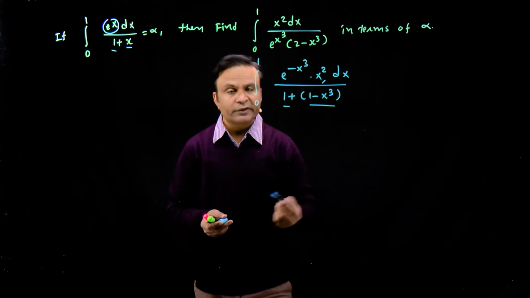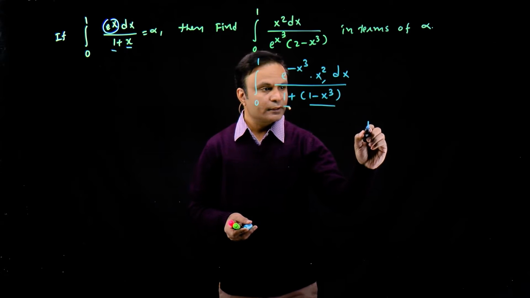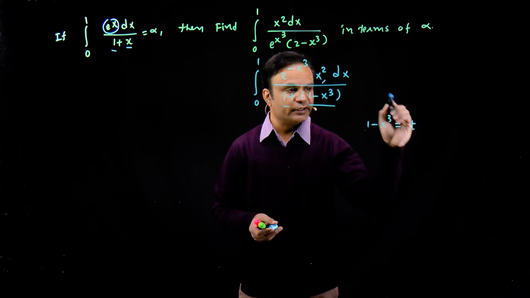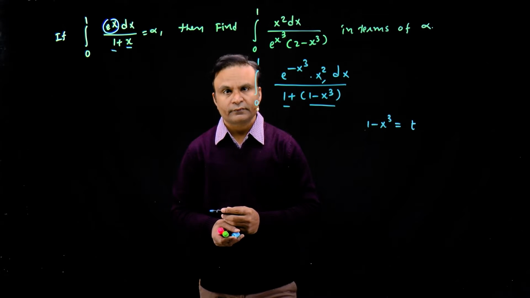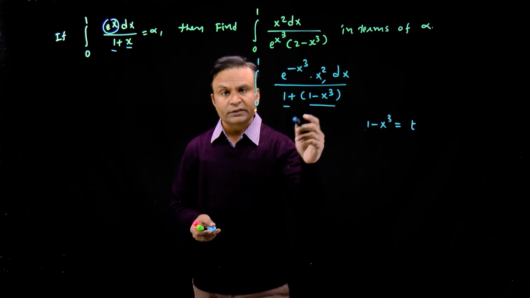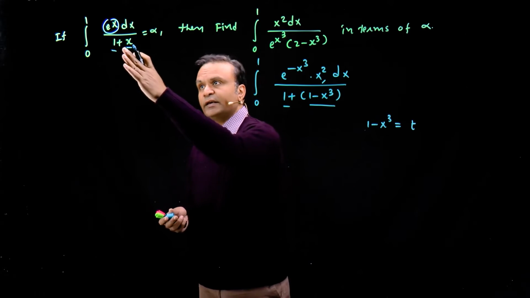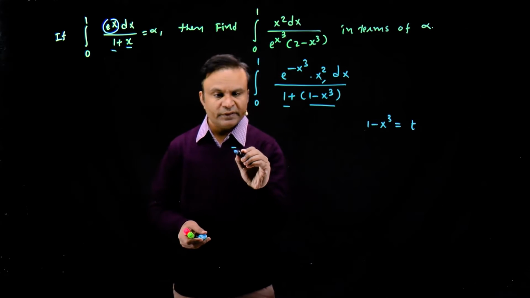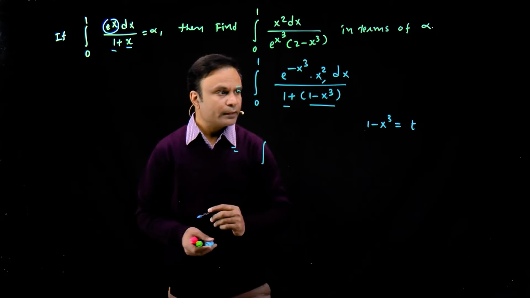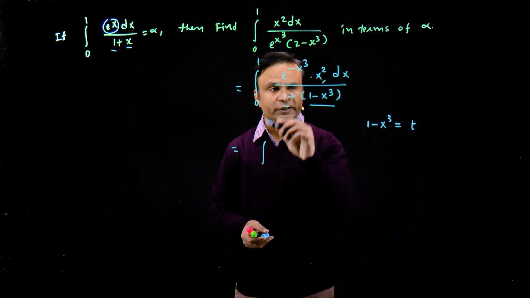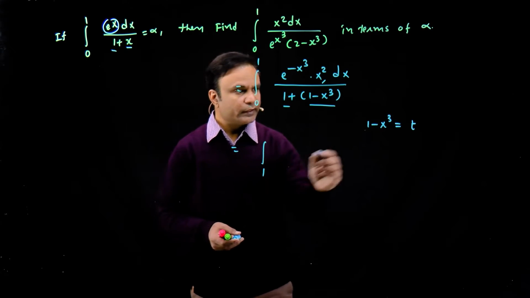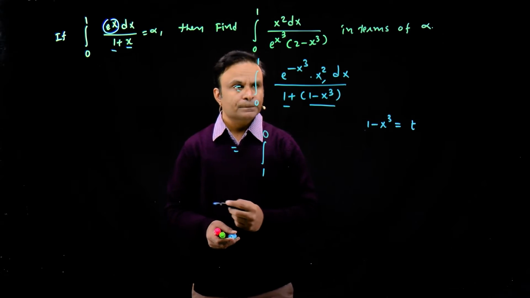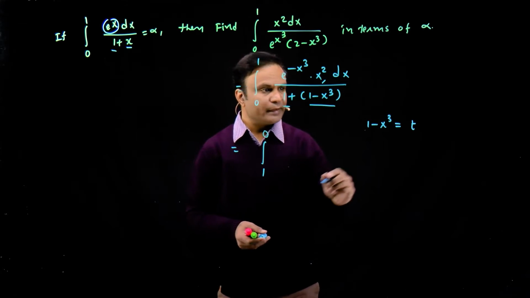So the substitution will be 1 minus x cube is equal to t. Then I will have 1 plus t in denominator, like here we have linear function. So let's change the limits here. When x is 0, the value of t is 1, and when x is 1, the value of t is 0. Then what is e power minus x cube?